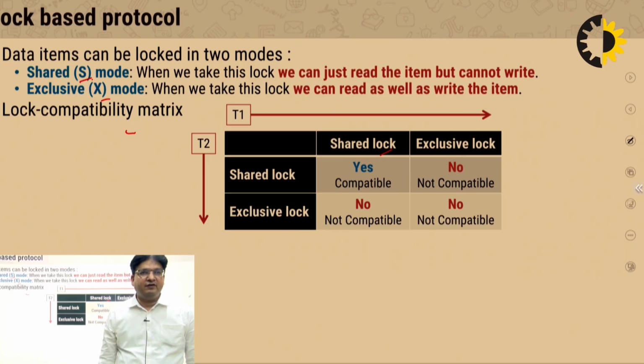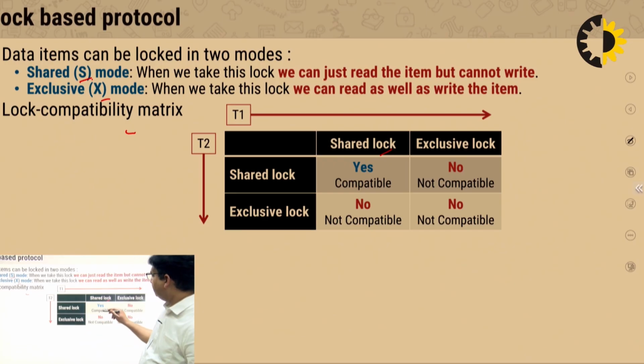So one transaction already has the read lock, that is the shared lock, and another transaction also wants the shared lock. There is no conflict here, as we have already studied in conflict serializability. There is no chance of conflict between transactions if both operations performed are read operations. So there is no issue, the value will be yes or true, meaning it is compatible.